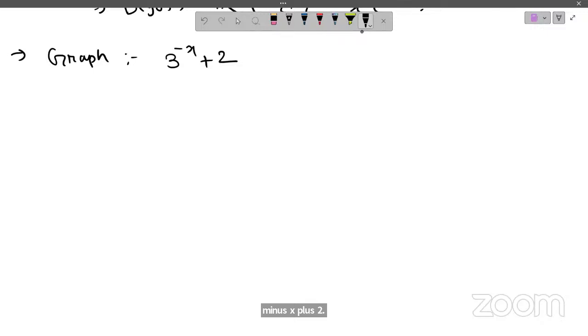Ma'am, rules for domain of g of f or f of g. Okay. Try this question.